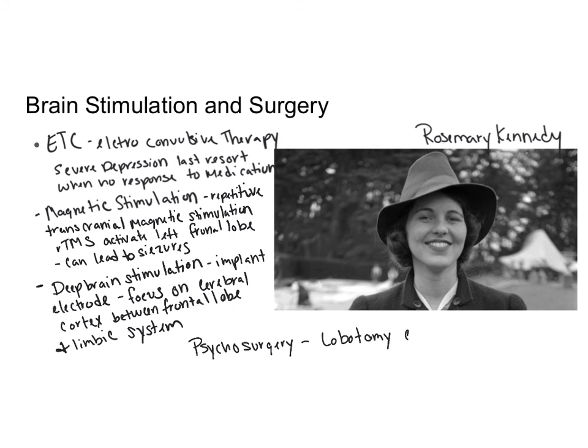A lobotomy is when they cut neurons in the frontal lobe. Reading more about her story is pretty interesting if you ever want to look her up. There's a lot of controversy over whether or not she would have needed a lobotomy.